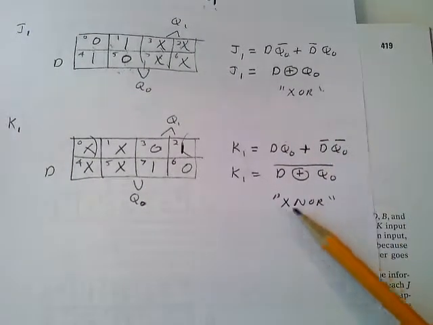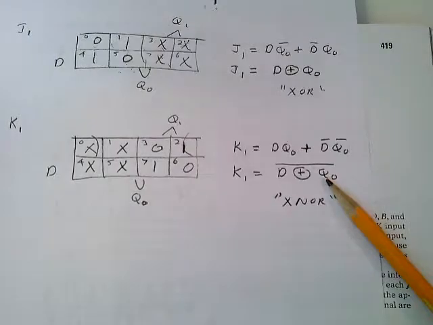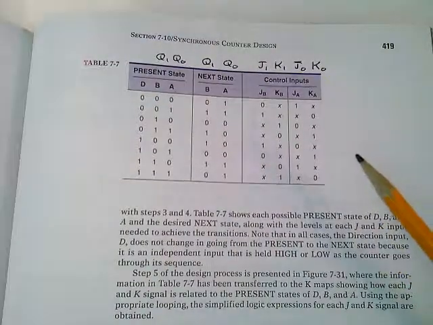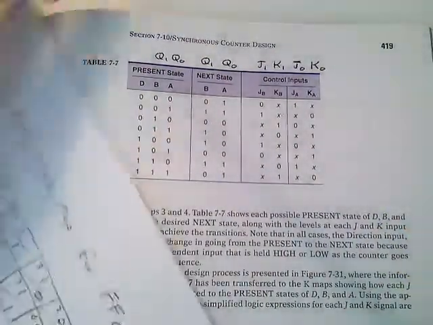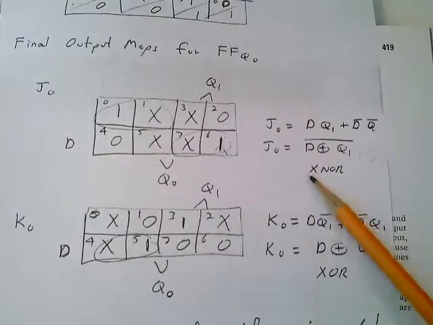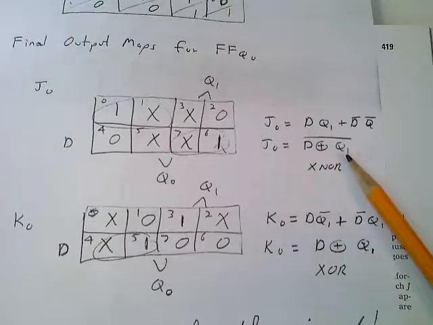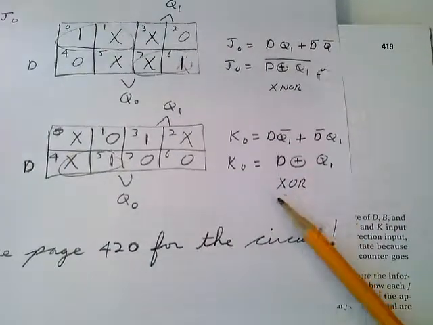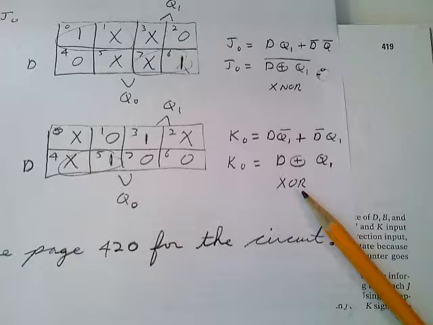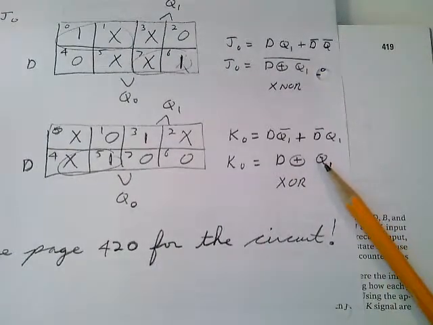That's simply the exclusive NOR of D and Q0. If I go to my final output maps for Q0, notice I get J0 being equal to the exclusive NOR of D and Q1, and K0 being the exclusive OR of D and Q1.